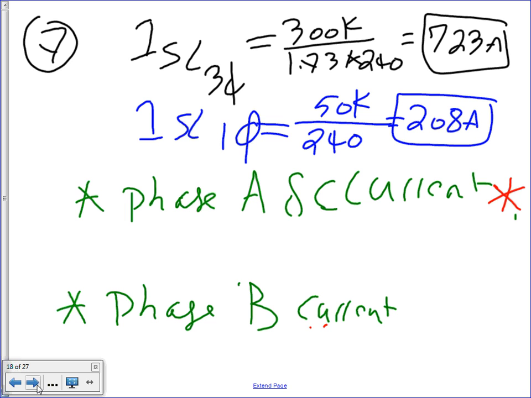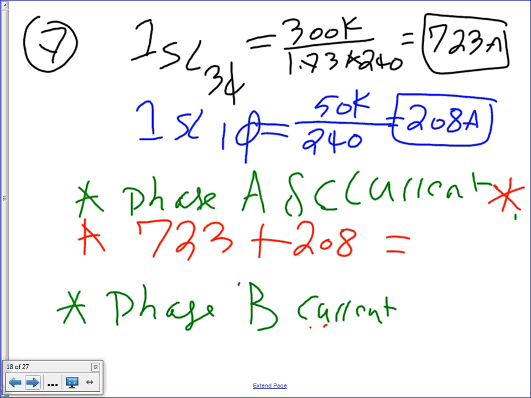Now the same thing, gentlemen. The A and C will see what? The current in A and C will be 723 plus what? 723 plus 208, if you add these two together, we're at 931 amps.